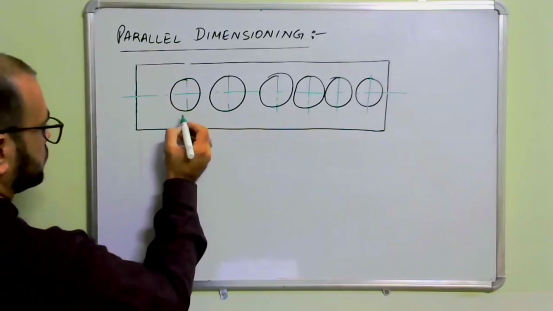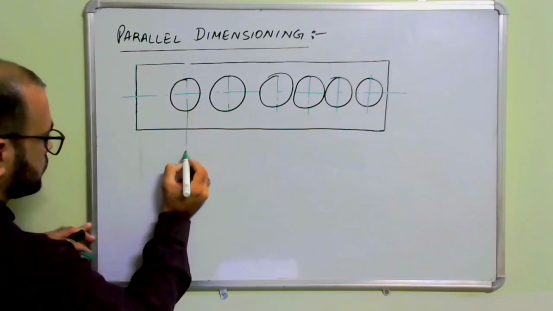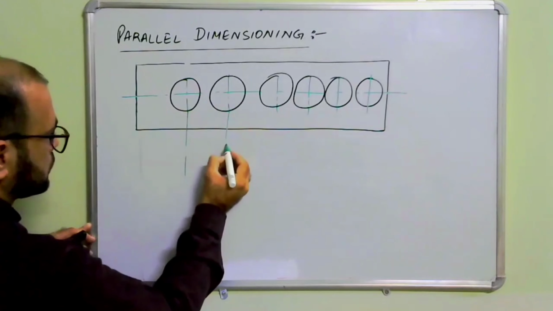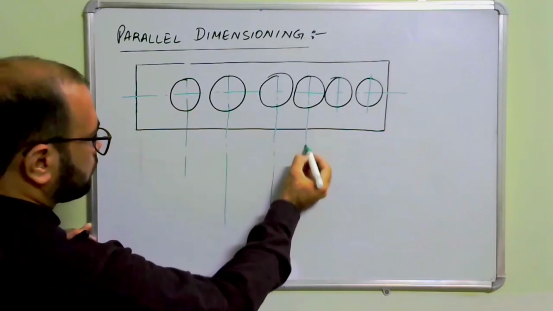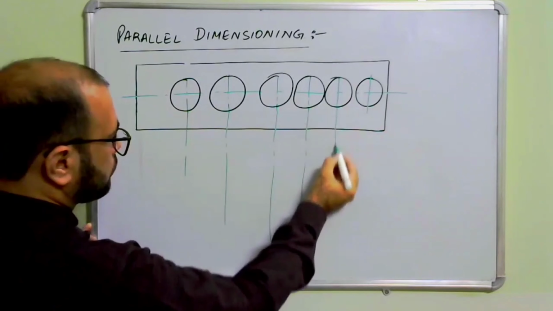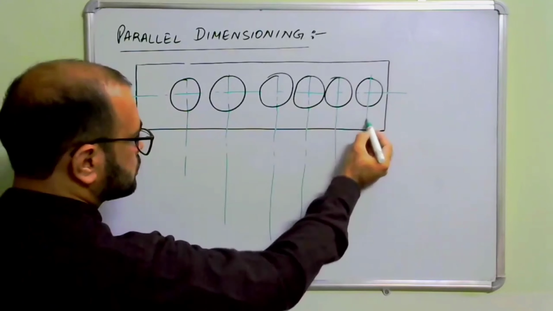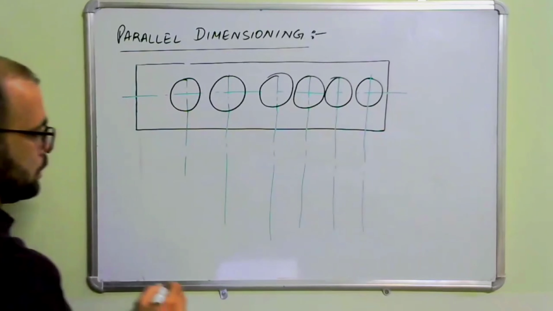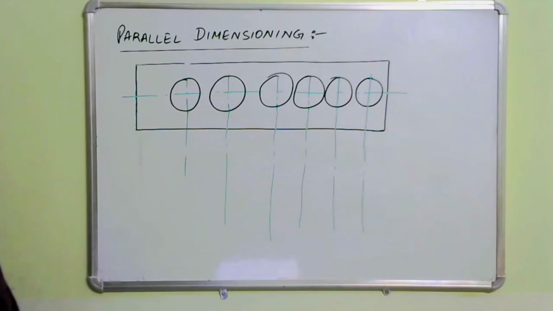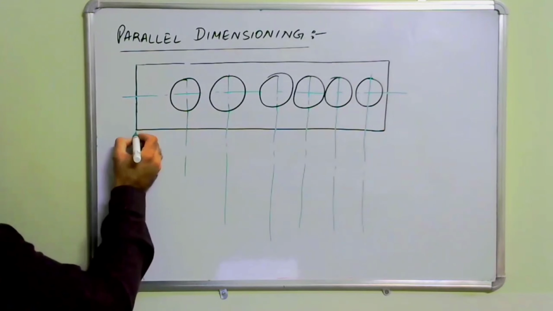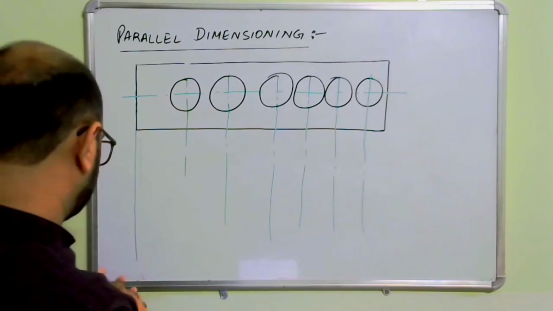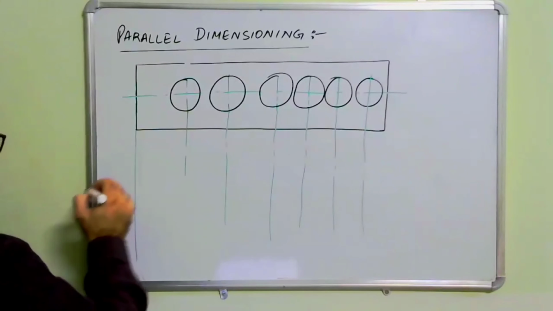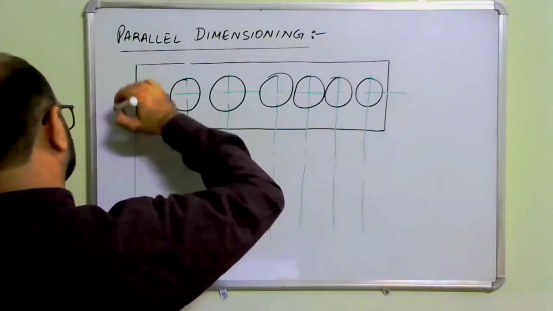These are the center lines. Here, this is known as the datum surface.